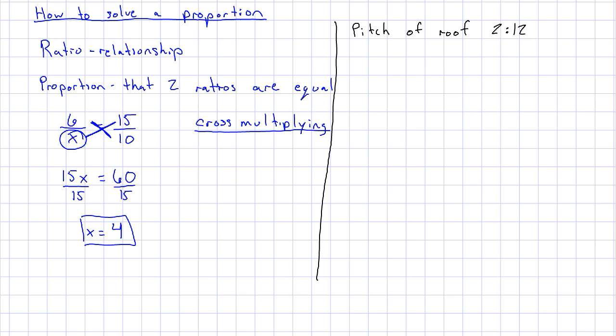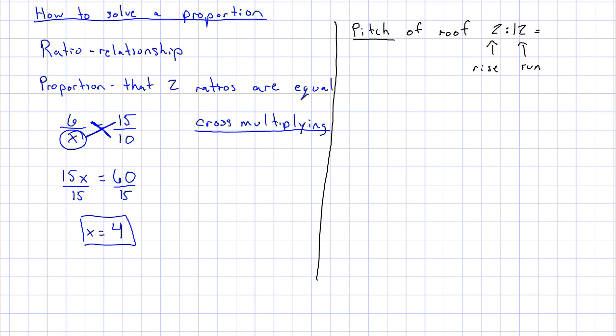For this example, for pitch, the first number is always the rise, which is the vertical height change, and the second number is the run. That is just the way they present these proportions. I could also have, not proportions, but ratios.